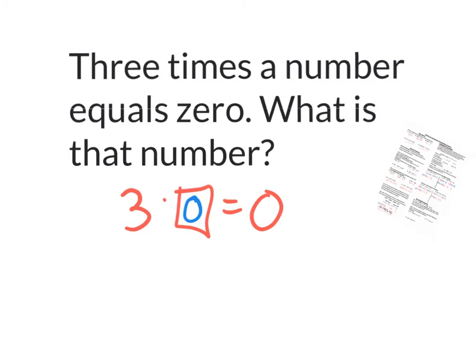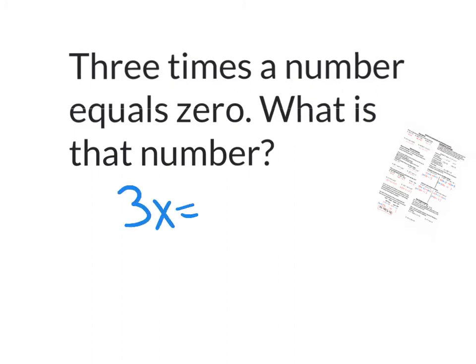Okay? And that truth is very interesting because instead of just looking at it as 3x equals 0, where we know x has to be equal to 0, you could also say, instead of 3 times x equals 0, you could have x times y equals 0.